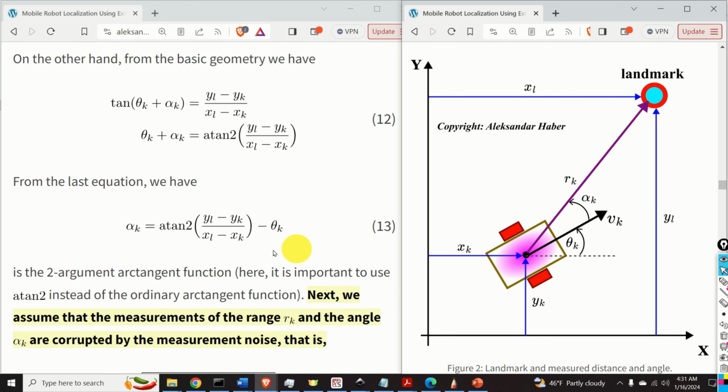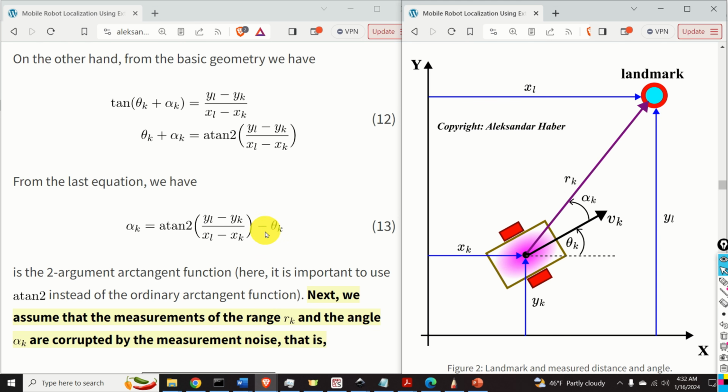From this equation, we can actually obtain this equation. Here, it's very important to keep in mind that atan2 is the two-argument arctangent function, and it is very important to use atan2 instead of the ordinary arctangent function.